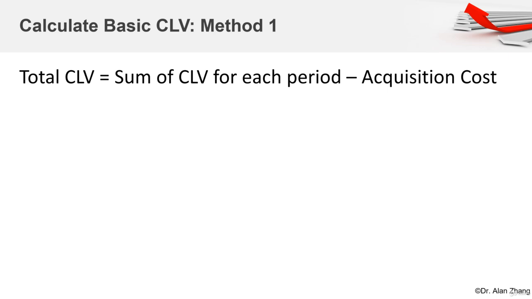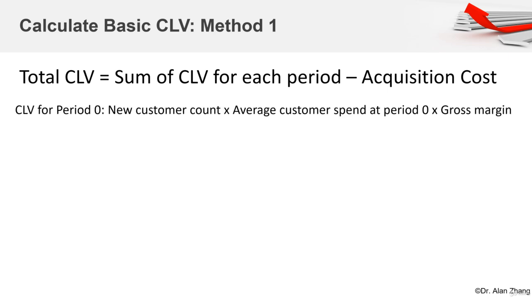Say we are working on calculating CLV for a group of new customers we acquired recently. We can start the CLV calculation of period 0 when customers made their first purchase.